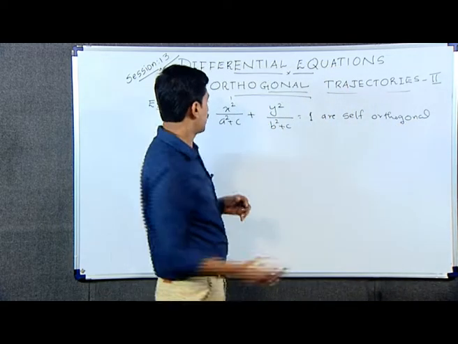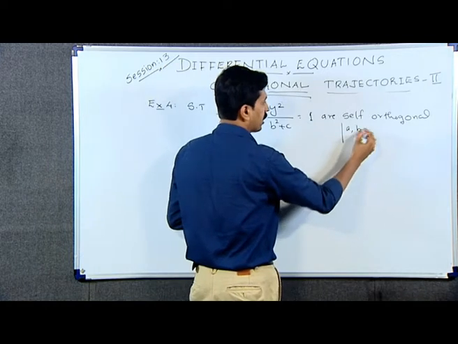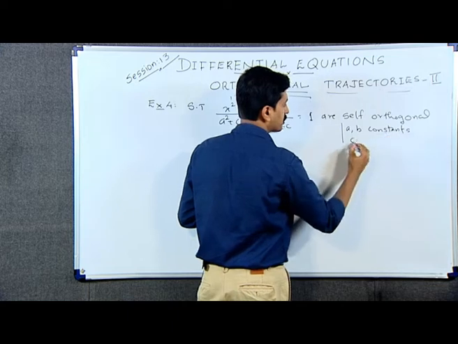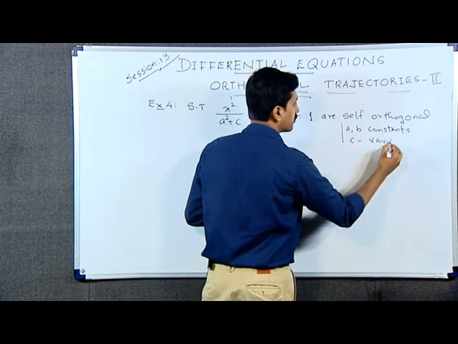That means a and b are constants and c is the arbitrary variable, that is, we are treating c as a variable.